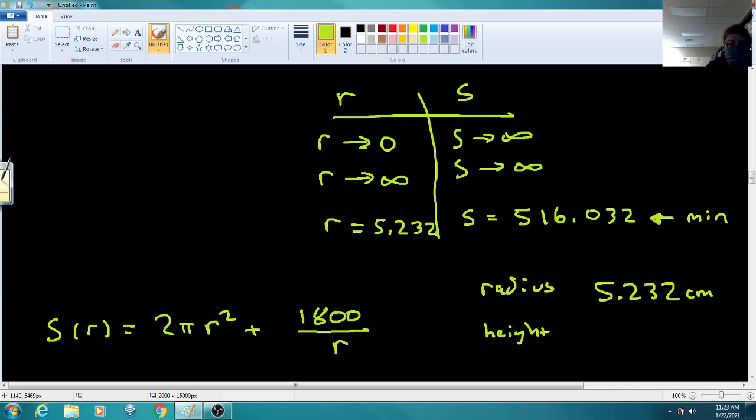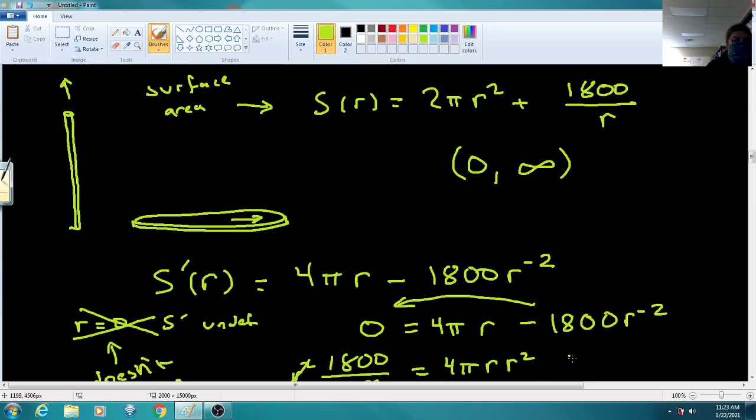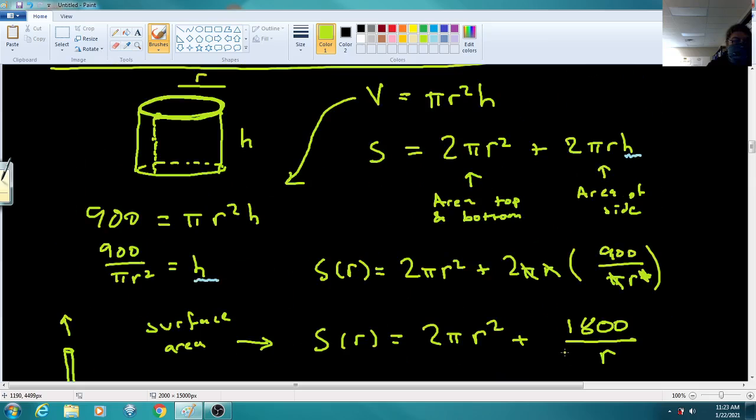And then to give the full dimensions of the can, we need to say what the height is also. So to get the height, let's see, where was height in terms of radius? It's right here. So we're going to use this equation right here: 900 divided by pi times our radius, 5.232, squared.